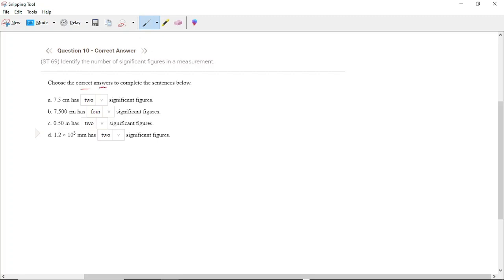Choose the correct answers to complete the sentences below. We have 7.5. How many significant figures here? 1 and 2, so it has two significant figures. 7.500.